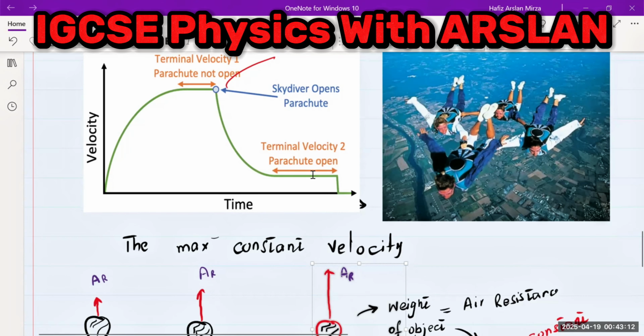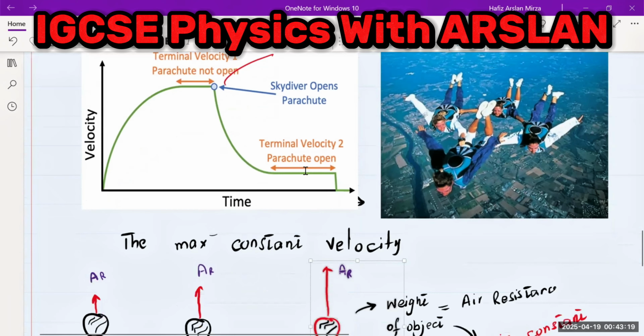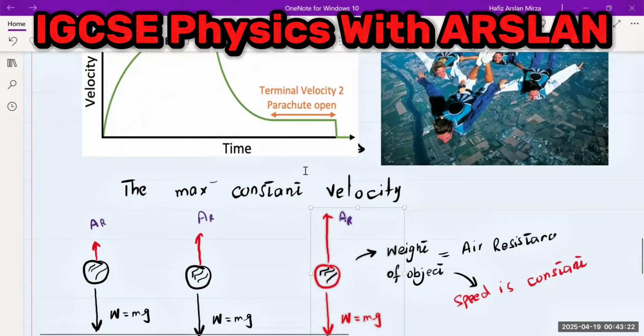This constant speed is also a terminal velocity. Terminal velocity may be maximum, or it may be minimum. So there are two terminal velocities, without parachute and with parachute.